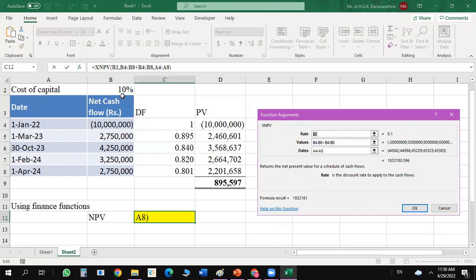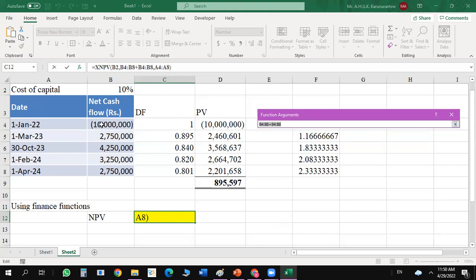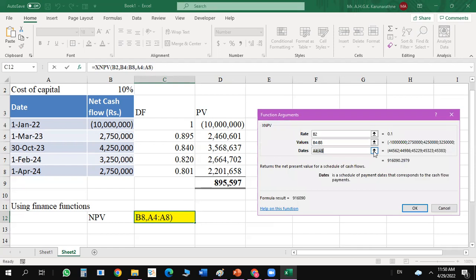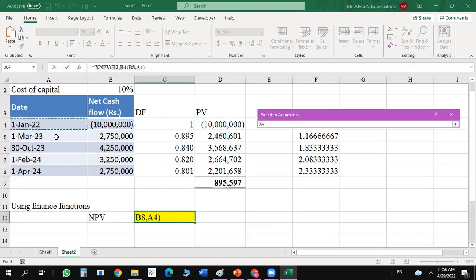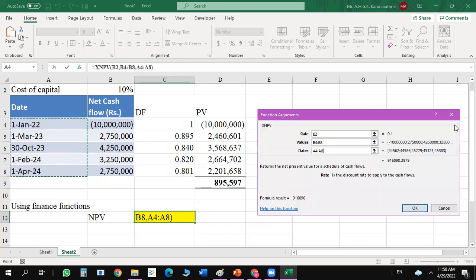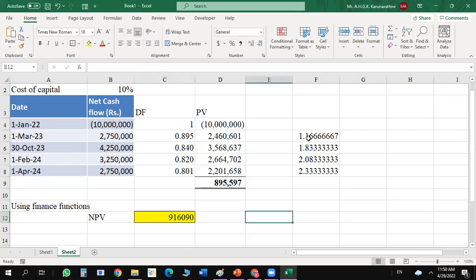D2 correct, that is the interest rate, then the values are here, sorry, values are here, then the dates given here. Then say okay, right? You check here, 2 months, 1 year and 2 months.